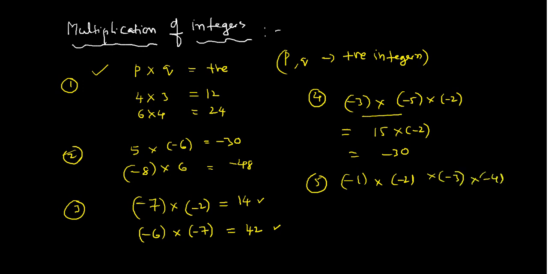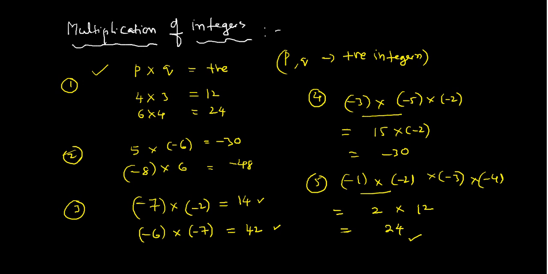The product of the first two is 2 and the next two is 12, so that is 2 into 12, which is 24. So 24 is a positive integer.